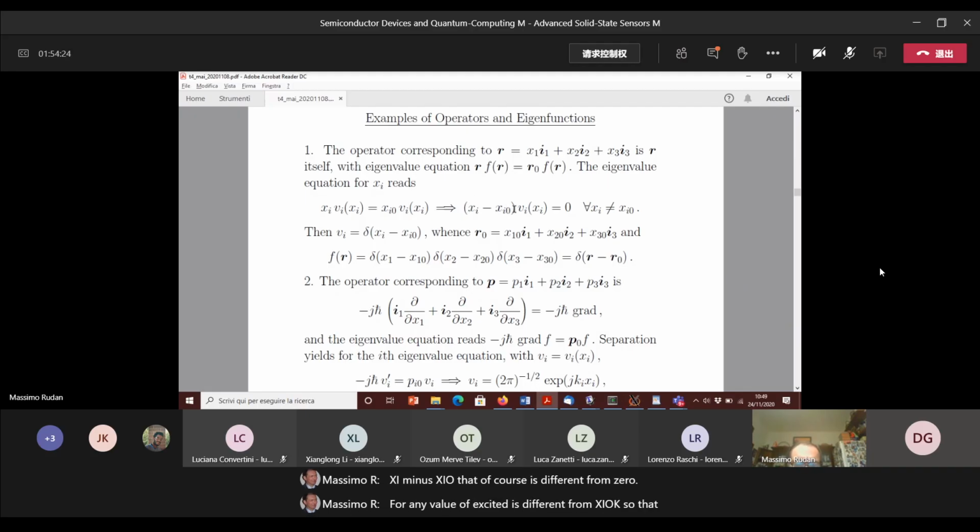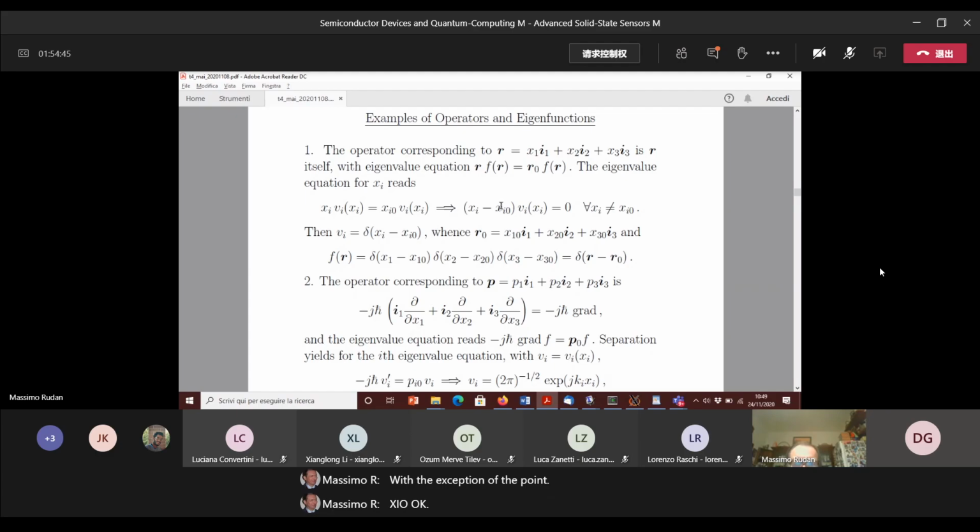So the first parenthesis is different from 0 everywhere else but in one point. So v_i must be 0 everywhere with the exception of the point x_i0, okay?